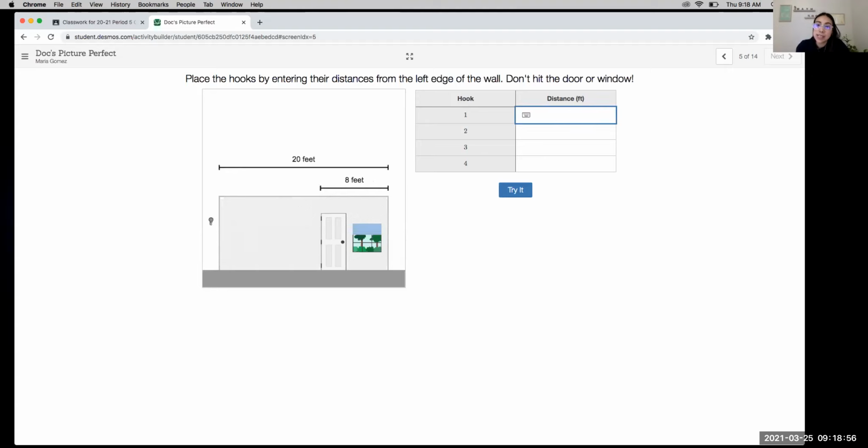Click on try it and see how they hang. And if you don't get it on the first try, it's okay. We're not giving up. Oh, but one of you already did. Ooh, some of you are now trying decimals.